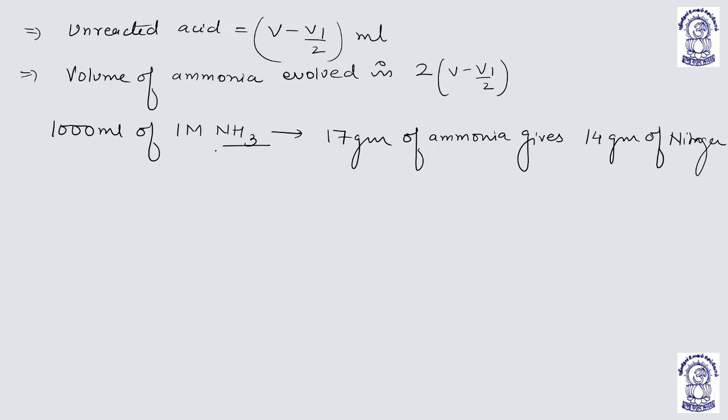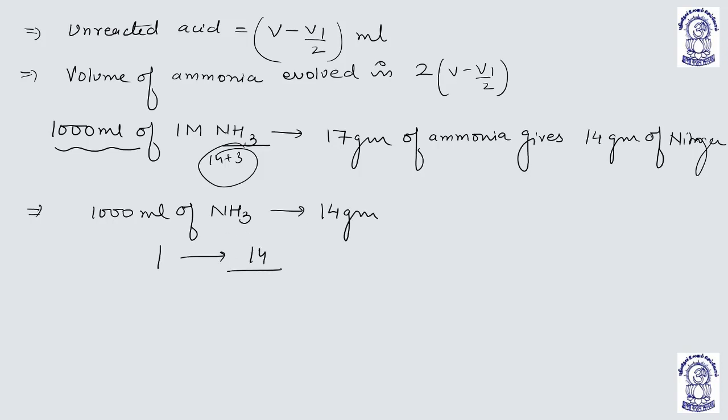So in the formula, 14 plus 3, 17 grams, 1 mole of ammonia gives 14 grams, 1 mole of nitrogen. Now, the volume of ammonia solution of molarity capital M contains how many grams of nitrogen, we have to find out. So 1000 mL of NH3 gives 14 gram of nitrogen. So 1 mL will give 14 upon 1000.